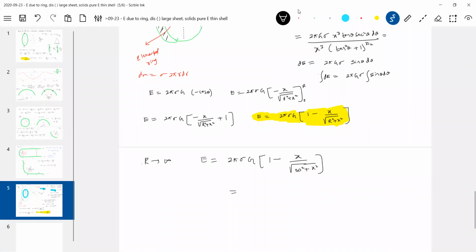So our final answer will be 2 pi sigma g. Sigma we defined as m by pi r square. So our final answer is 2 pi g m by pi r square, that is, 2 g m by r square.